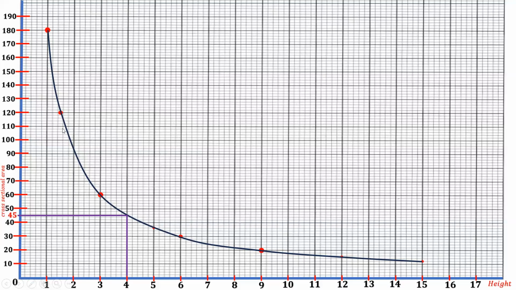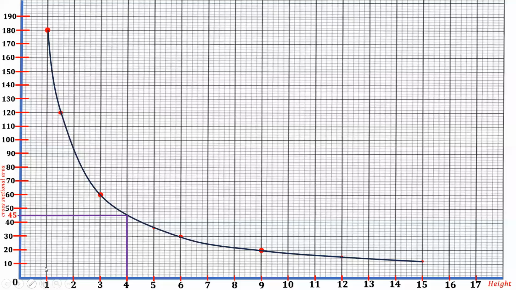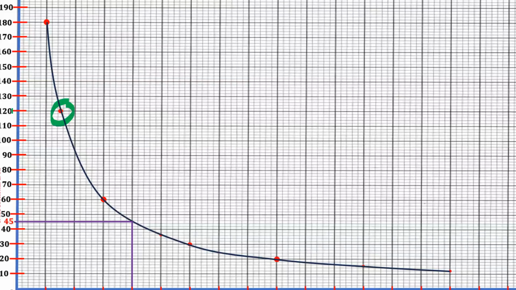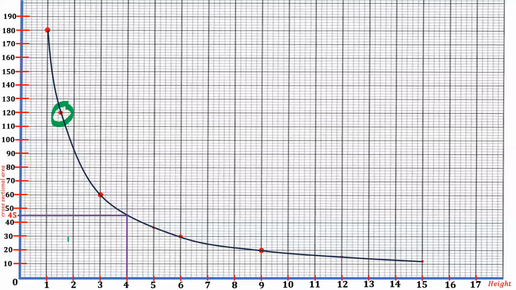So in between 1.4 and 1.6, that's going to be 1.5 right there. All right, so we want 1.5 and 120. That's going to be right there. Again, in between 1.2 and 1.6 is 1.5. And it's going to be 120, right? So that's that point there.